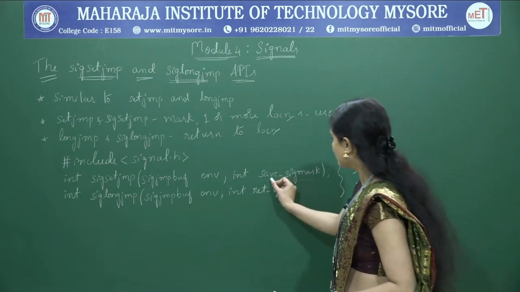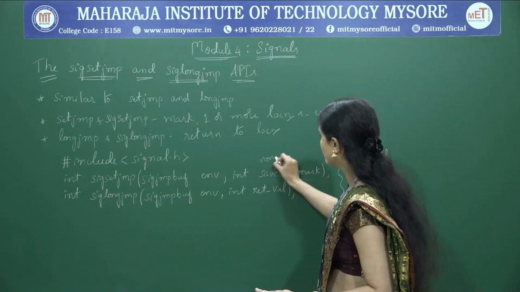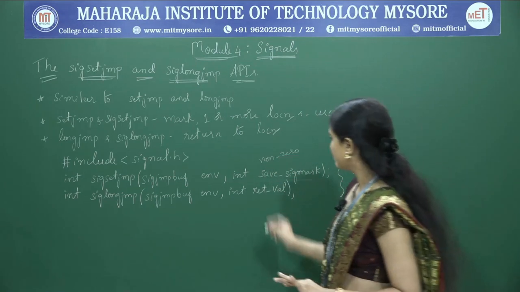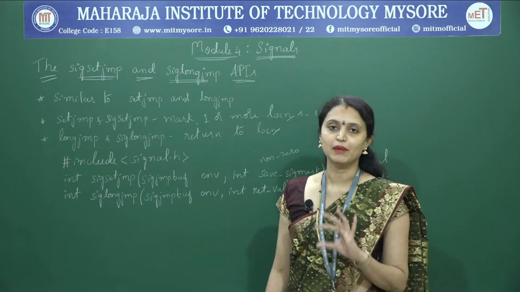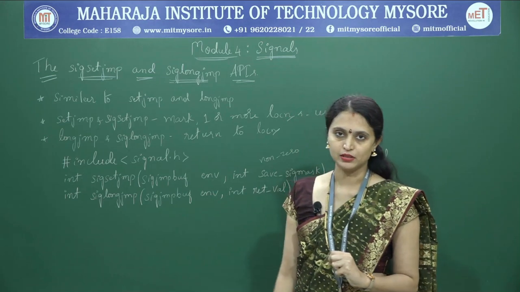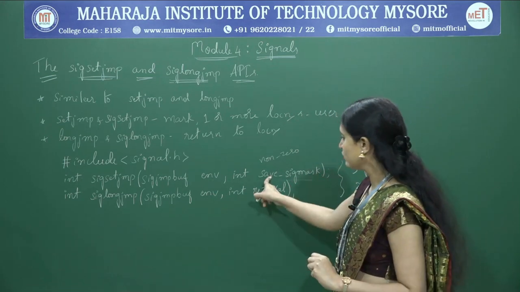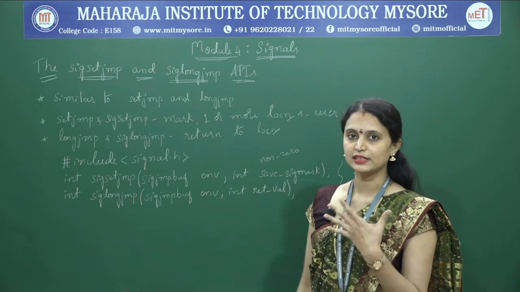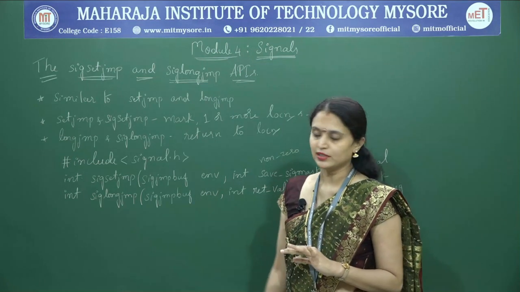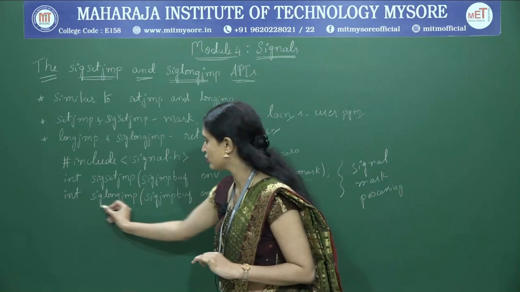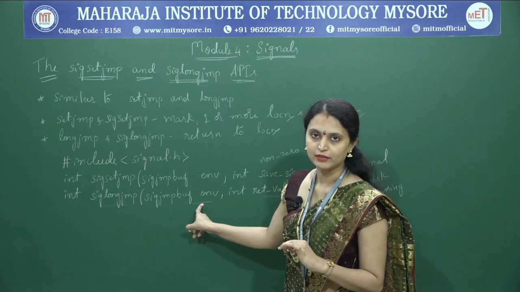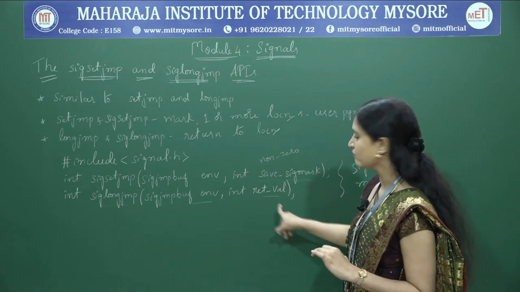Suppose this is a non-zero value, only in that case the process signal mask will be saved in the environment variable. Suppose it is 0, in that case the process signal mask will not be stored in this environment variable. Next, siglongjmp again has two arguments, one is the environment variable and the second one is the return value.